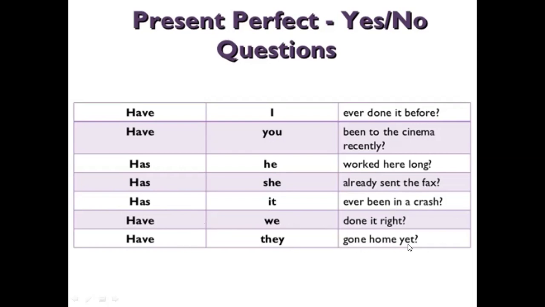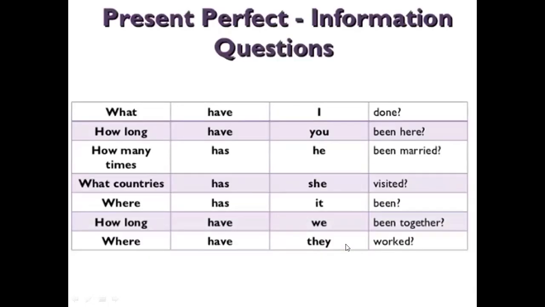Have they gone home yet? Have, and then subject is they, and then gone, past participle of go. Take note of that. Now, this time, we're going to have present perfect using the WH question, or present perfect with information questions. Now, it's very easy.